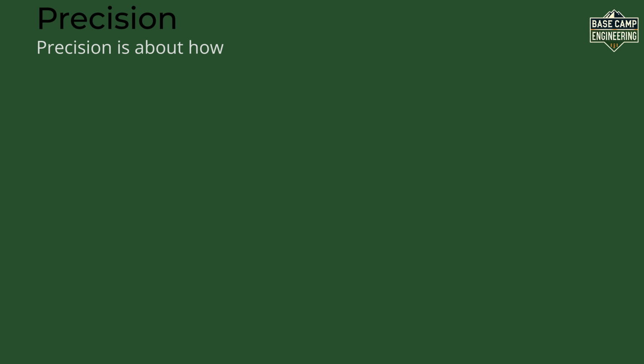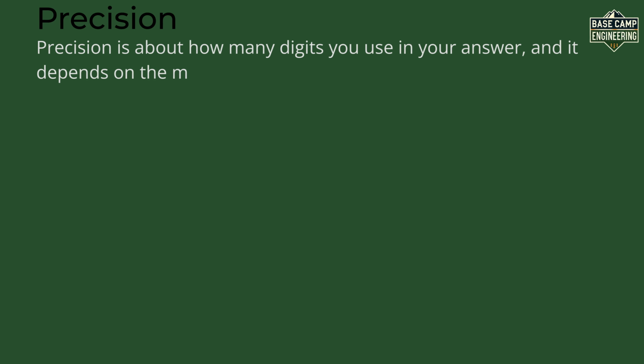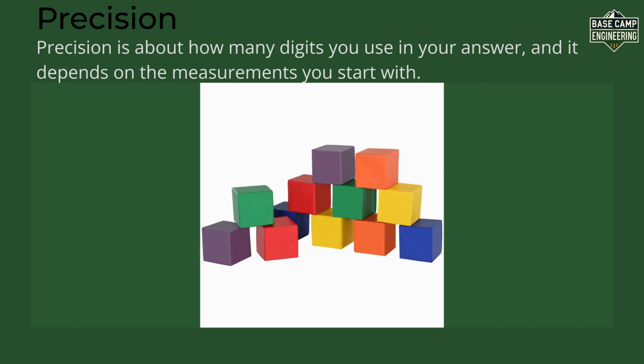Precision is about how many digits you use in your answer, and it depends on the measurements you start with. For example, if you measure a toy block with a ruler and it's 2.3 centimeters long, that's precise to one decimal place. If another block is 1.45 centimeters, that's precise to two decimal places.